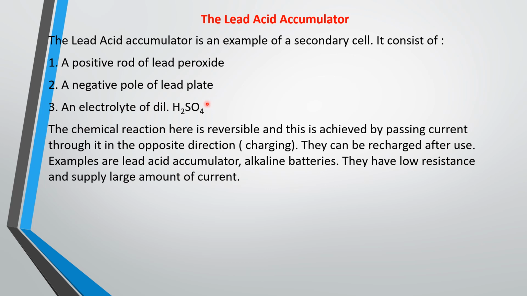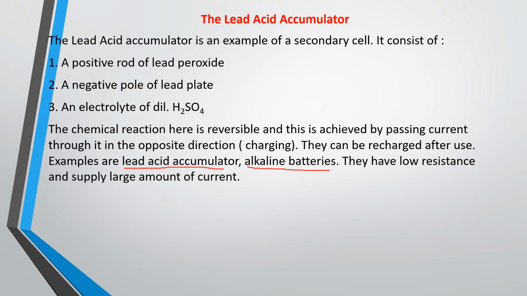As I've said before, the chemical reaction here is reversible, and if you want to reverse it, or charge this battery, you connect the current in the opposite direction. Examples of this type of battery are the lead acid accumulator I've mentioned, and alkaline batteries.